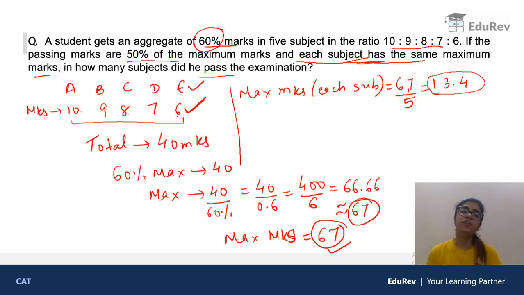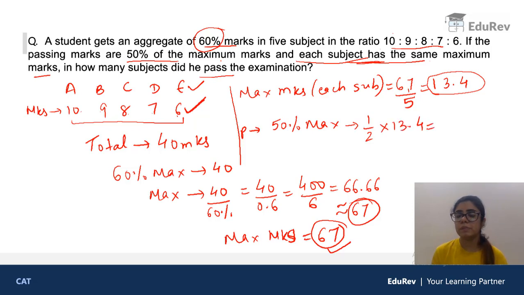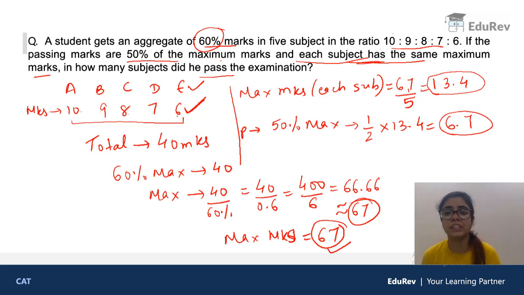Now if you have to pass, you have to score 50% of maximum marks. Okay, so that is half of 13.4. So what will this become? This will become 2 6s are 12 and this is 6.7. So if you score 6.7 marks in a subject, you will pass. So at least you have to score 6.7.